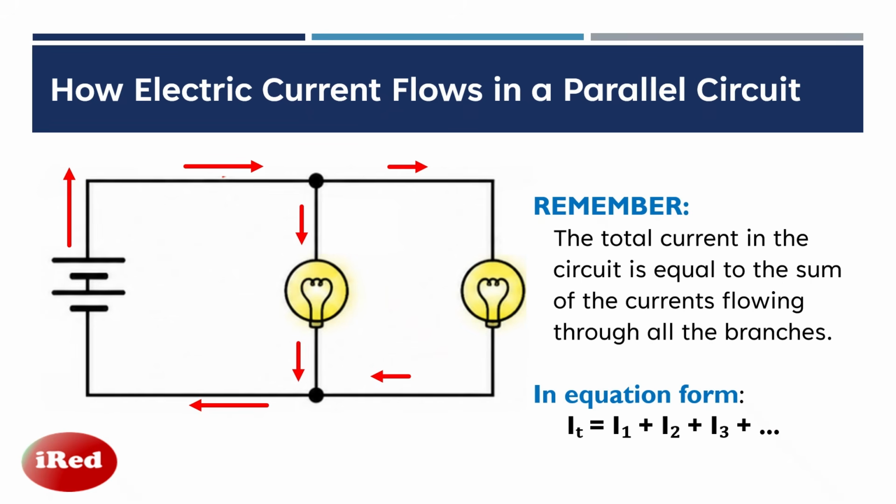For example, in this circuit, if 3 amperes flow through the first branch and 2 amperes flow through the second branch, then the total current supplied by the battery is: total current equals 2 amperes plus 3 amperes, which is equal to 5 amperes. This relationship is one of the most important principles of parallel circuits, and it will help us solve circuit problems using Ohm's law in the next lesson.